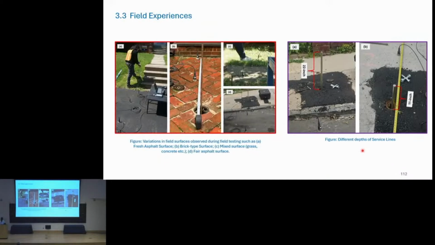Okay, yep. So these are the actual field conditions. You see the roadside has asphalt, very clean. On the private side, or the homeowner side, sometimes we have grass, sometimes we had to deal with concrete, sometimes brick surface. Those make it challenging to get better accuracy.